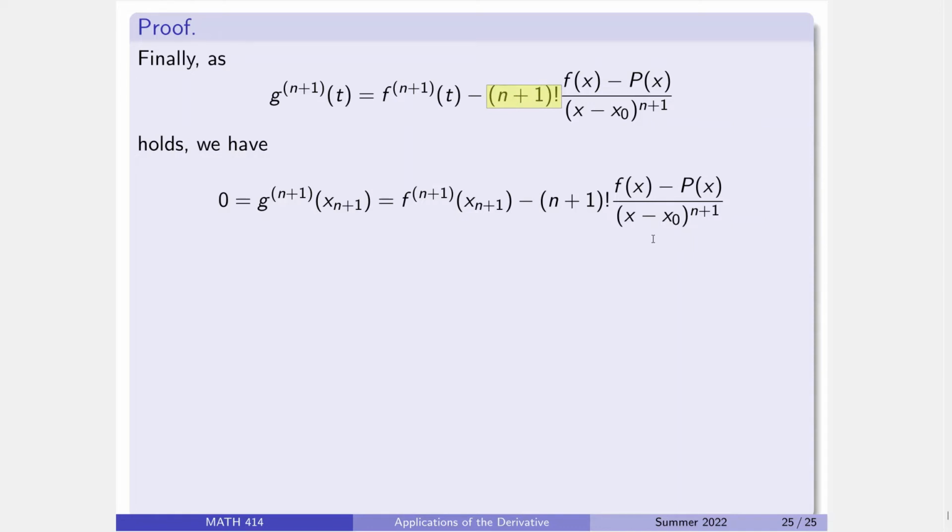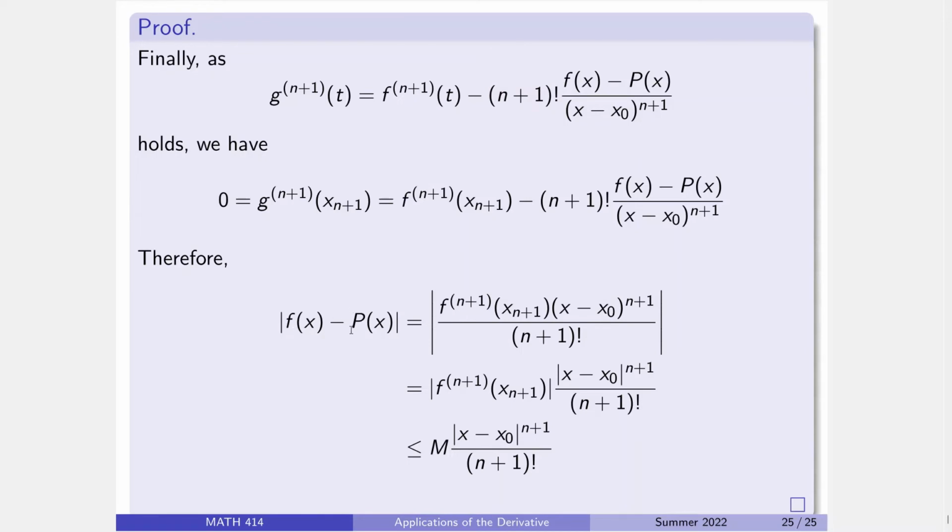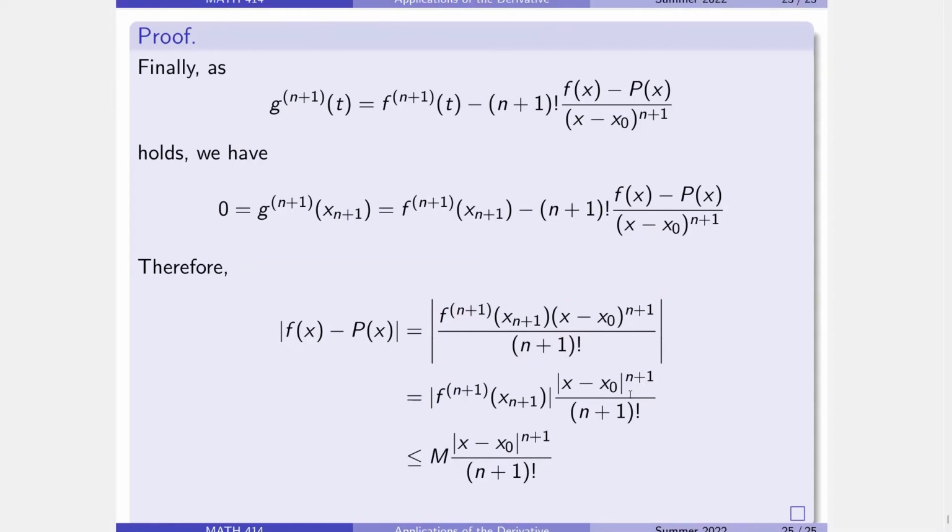That's nice of it. All right, now this has to equal 0 at x sub n plus 1. Note the Taylor polynomial died as well because I took enough derivatives of it. All right, this is equal to 0. So that means that f of x minus p of x is equal to this. Pull this apart as follows. There's that quantity I was looking for.